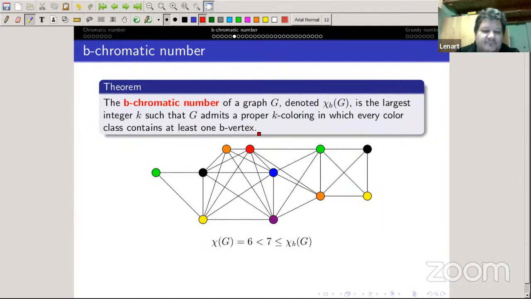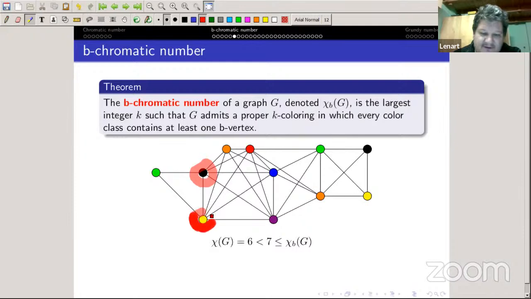So here, this coloring, we have met this example often now. We can see that we have a 7-coloring, and now just observe that every color class has a b-vertex. So this black vertex has neighbors green, yellow, blue, violet, red, and orange.